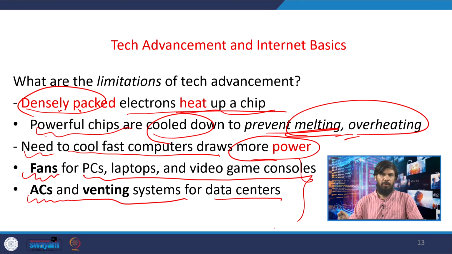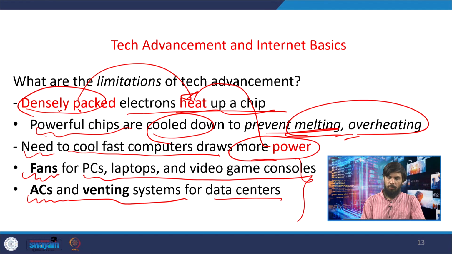Because so much heat is generated, and if these speedy chips are on 24/7, there is more chance of melting and overheating, so we need to cool them down, and there will be a cost in power. So the size is linked to the heat. Size, in the sense of how many transistors we are packing into the chip, as pathways get reduced, and because of the heat, it takes more power because of the cooling needs.